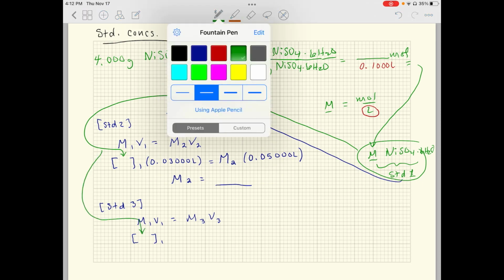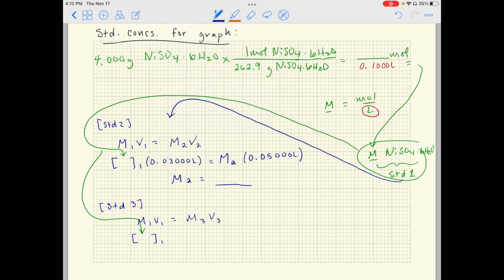And for this particular solution, for standard 3, I believe you took 20 mL, which converted to liters is 0.02000 liters, is equal to what we're looking for, which is the concentration of standard 3. And again, you transferred it over into a 50 mL, so 0.05000 liters, and that's going to give us the concentration of standard 3.